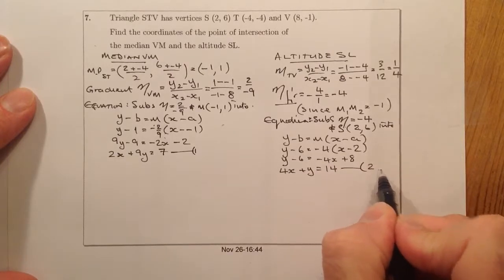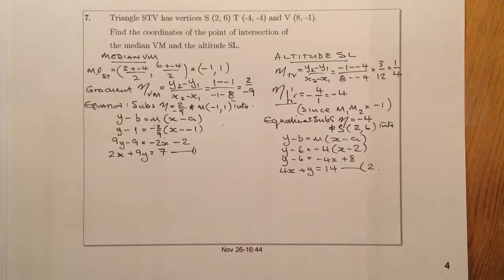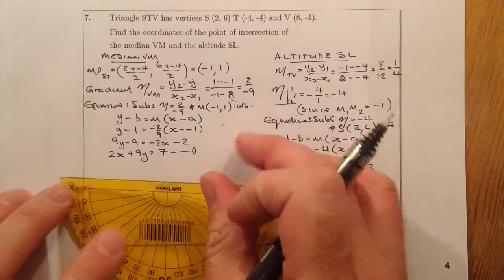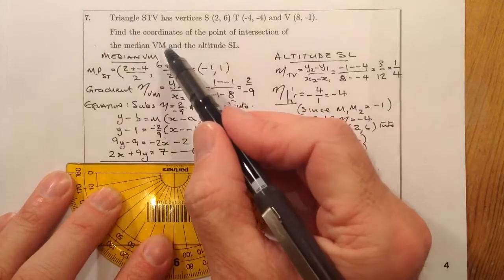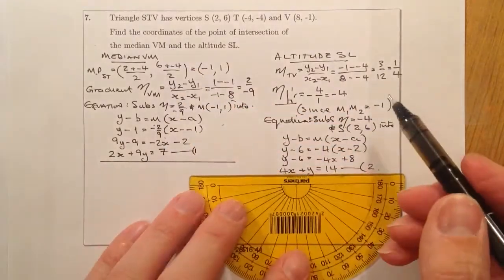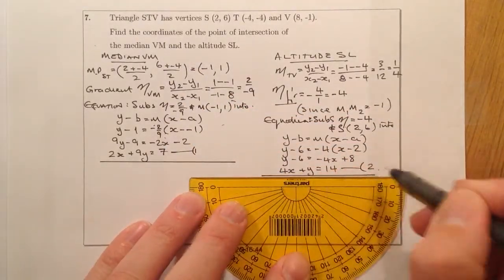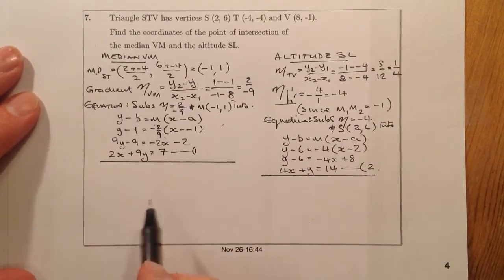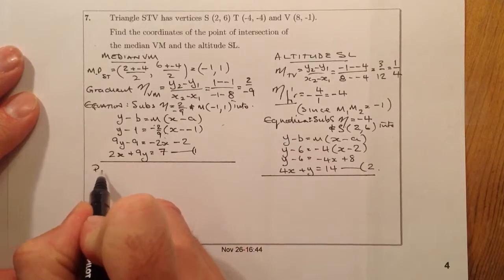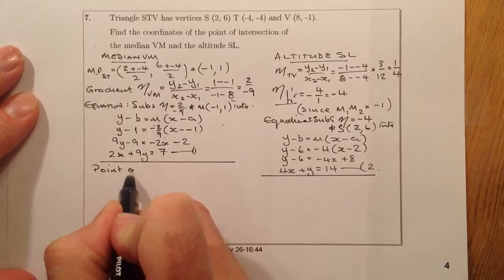So that's going to give me my second equation that I'm going to be working with. Okay, so what I've got there is the equation of the median, and over here I've got the equation of the altitude. Right, so the point of intersection is the next part I'm going to work out.